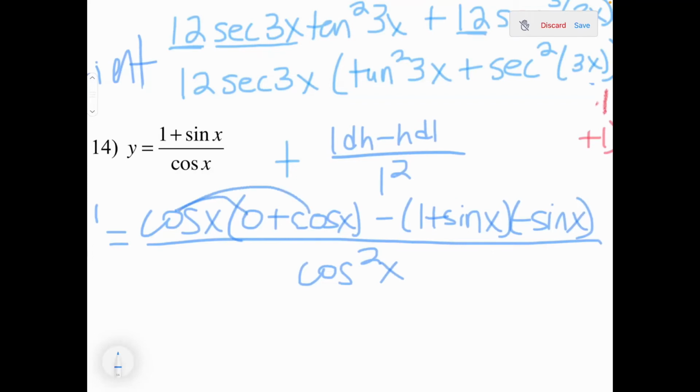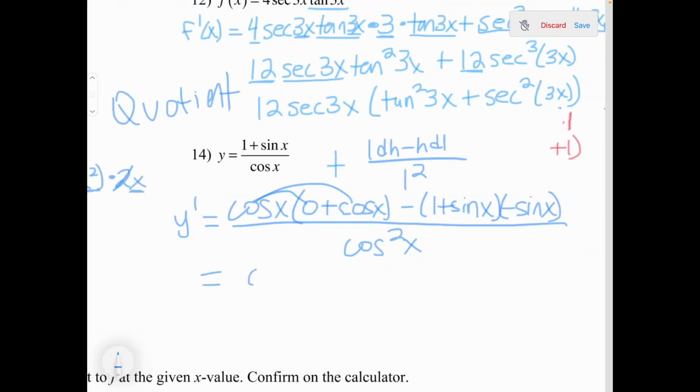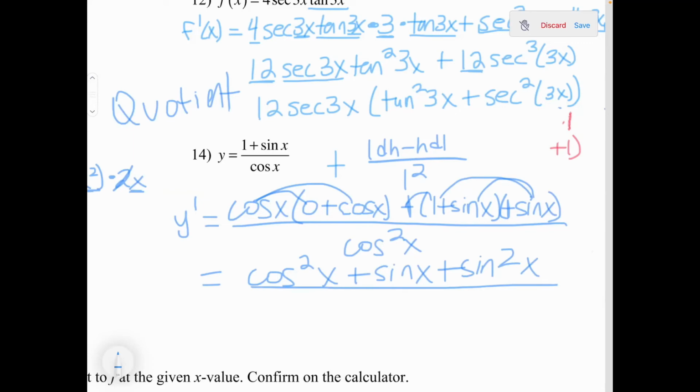We get cosine times cosine, which is cosine squared x. We get negative 1. Actually, we can distribute this negative to that negative, and we get sine times 1, which is sine x. And we get sine times sine, which is sine squared x. Sine squared x all over cosine squared x.